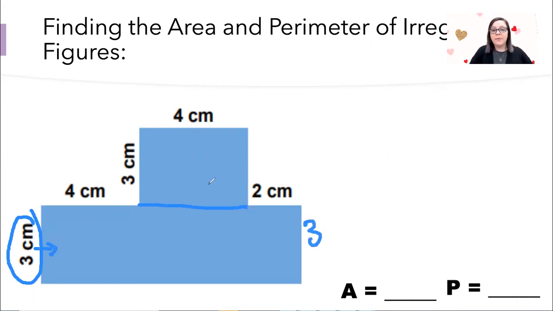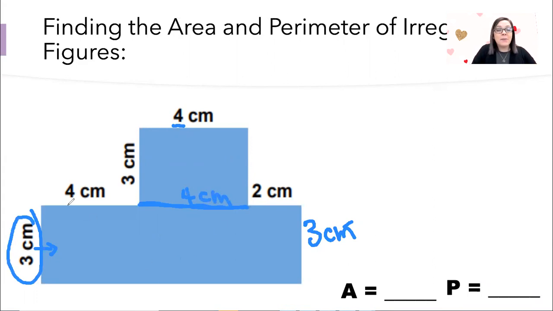So over here, this one's going to be 3 centimeters. Now, the bottom's a little different. I can see a long side. That long side here, I've got to figure out some missing sides. Well, here I have 4 centimeters. The opposite side of this piece, so right here, is going to be equal. Therefore, it's going to be 4 centimeters.